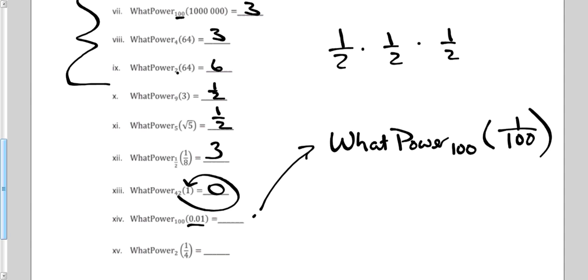Just the first power, right? That's the first power right there, right? So what power do I take 100 to get 1/100 to the first power? -1, exactly. That's how I get a number smaller than the original number. Okay?